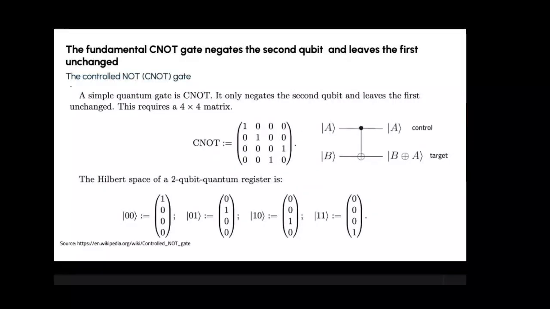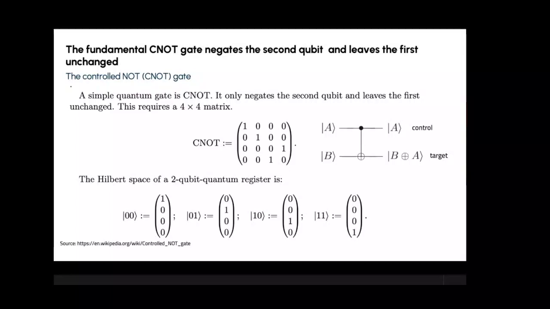Okay, now the most important operator that exists is the CNOT gate, which is a controlled NOT gate. The simple quantum gate is a CNOT. It only negates the second qubit and leaves the first unchanged. So for this, we already need a 4 times 4 matrix, which we apply to 2 bits. And 2 bits, of course, are already a 4-dimensional vector.